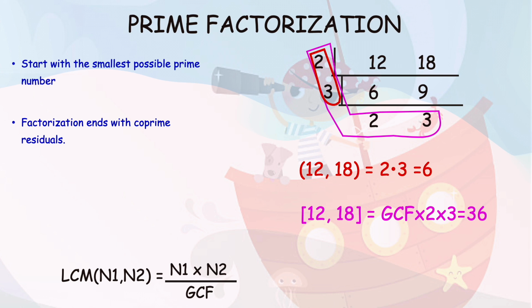We can write that the LCM is equal to the product of the original two numbers divided by the GCF. This means that once we get the GCF, the LCM follows automatically. An example of this topic appears in the Kangaroo math competition. Let's take a look at it later.